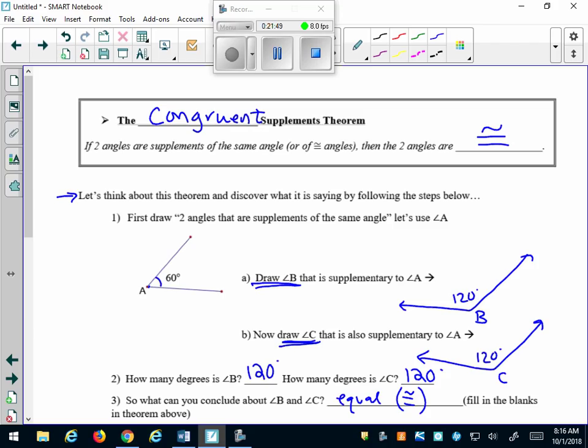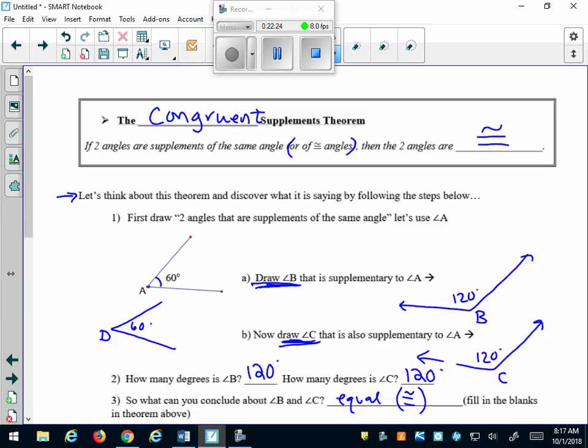In this parenthesis here, this is an additional situation where this can be applied, and we'll see what that means a little bit later. But it basically says if I gave you angle A is 60 degrees and I gave you angle D is also 60 degrees, and I said draw angle B so it's supplementary to A, but C so it's supplementary to D, well, since A and D are the same, then B and C would still have to be the same.